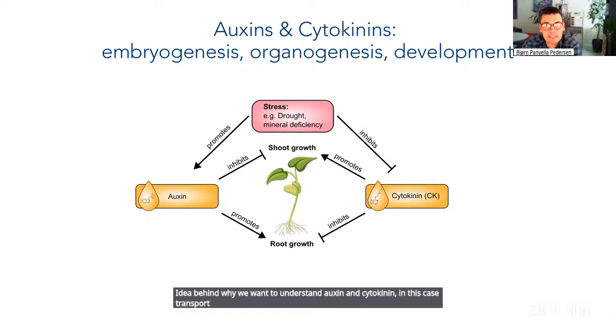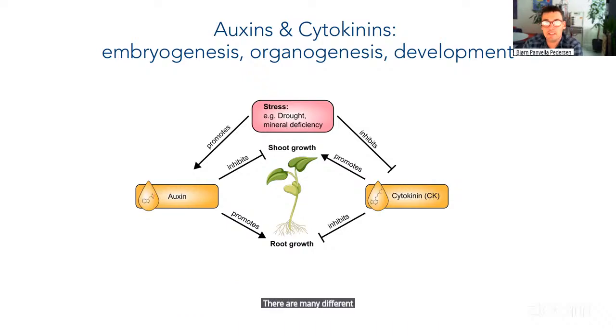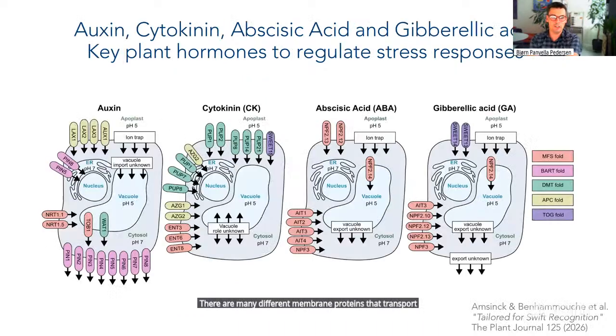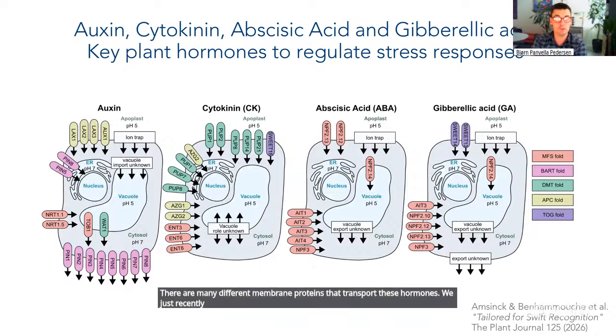There are many different membrane proteins that transport these hormones. We just recently wrote a review where we tried to summarize some of these. So what we're trying to show here is 4 different classical plant hormones: auxin, cytokinin, abscisic acid, and gibberellic acid.